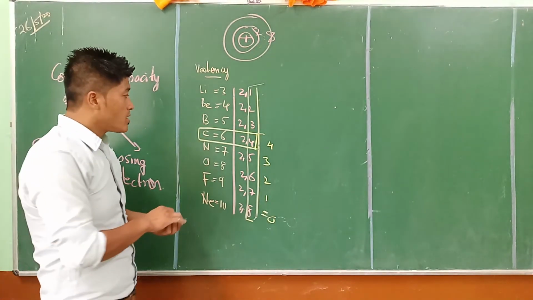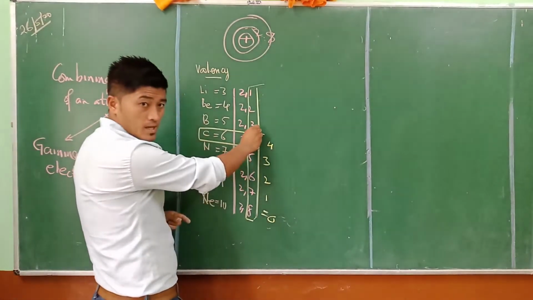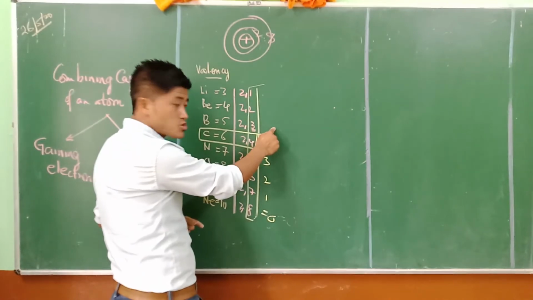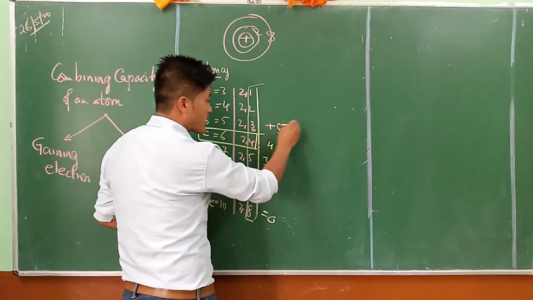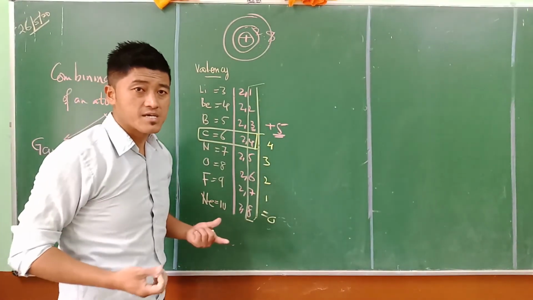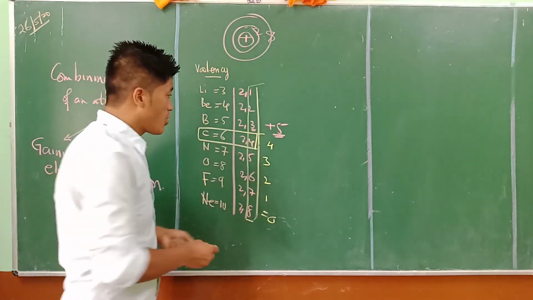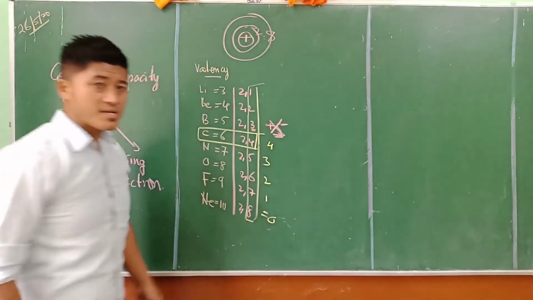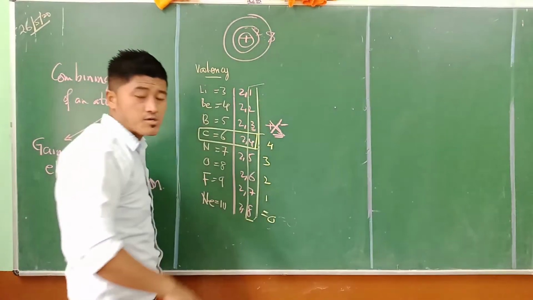Now about this boron here, 3 electrons, but there is space for 8. So what you can do is add 5. Understand? But to add 5 is a very difficult task, considering the involvement of so much energy, right? So we don't take 5. Instead, boron has 3 electrons, and we remove these 3 electrons.